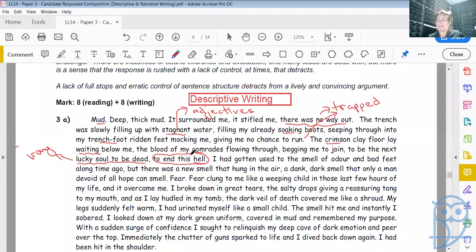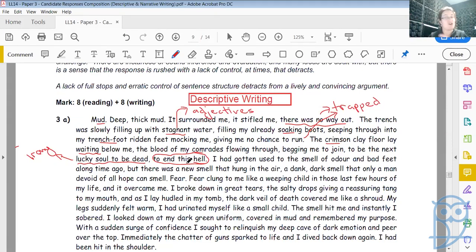Okay, let me leave that there and move on. Good, yes, yay. A metaphor, you're absolutely right. Good, guys, metaphor. Because he's not saying this is like hell, which would be a simile. No, he's subtly or indirectly suggesting that this is hell, okay?